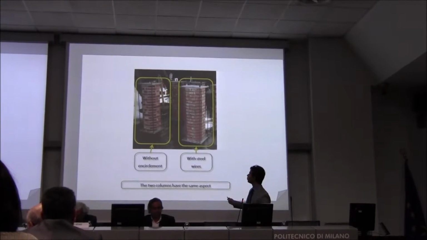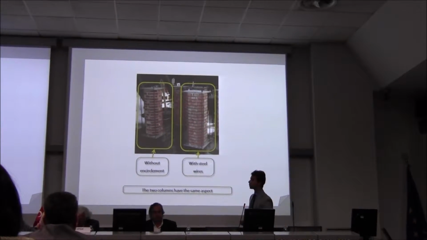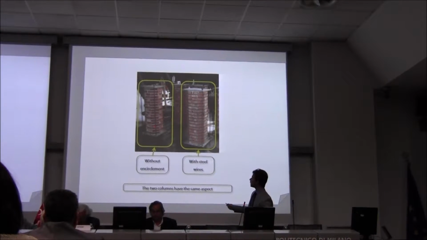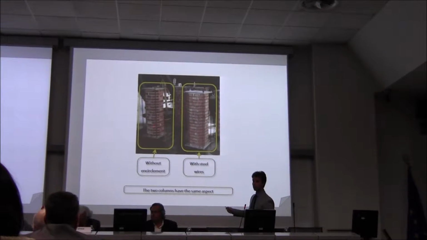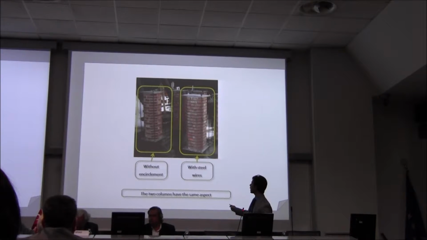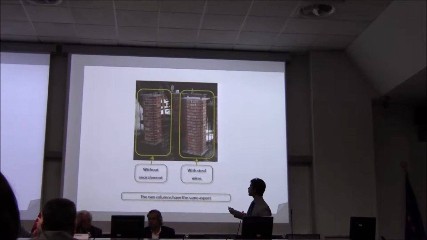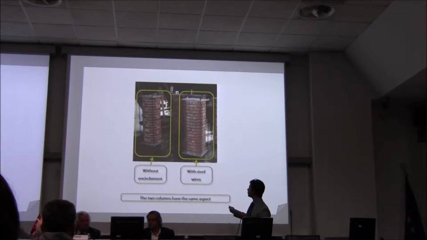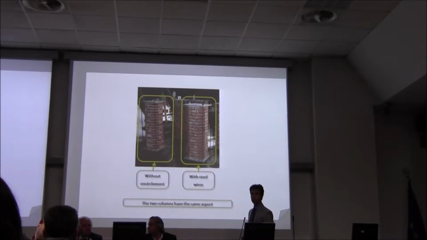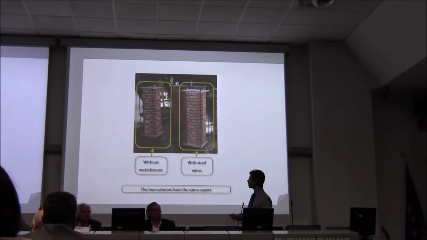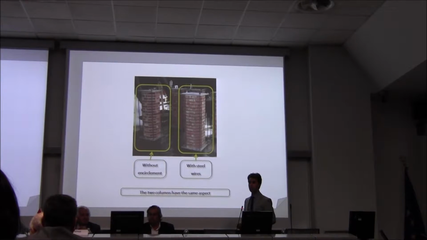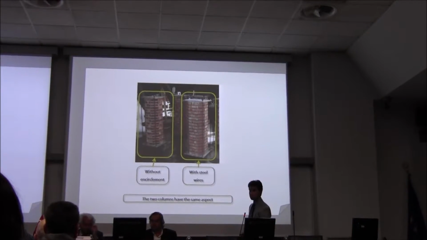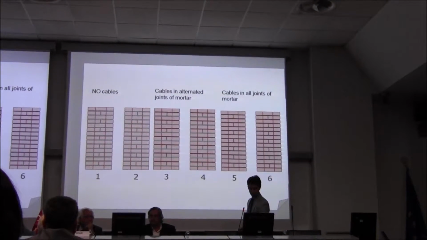These are two brick columns. This one is without any encirclement, while this one has small stainless steel cable inside the mortar joint between the bricks. As we can see, the two columns have the same aspect. So this is a minimum intervention.